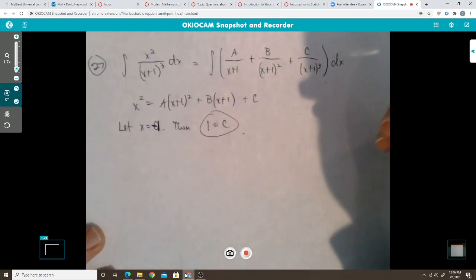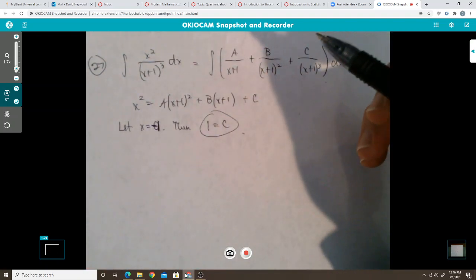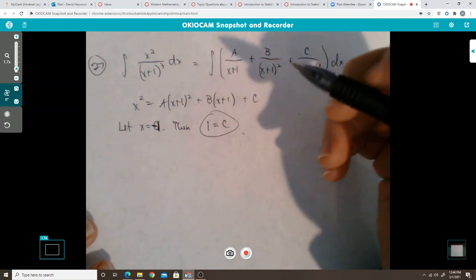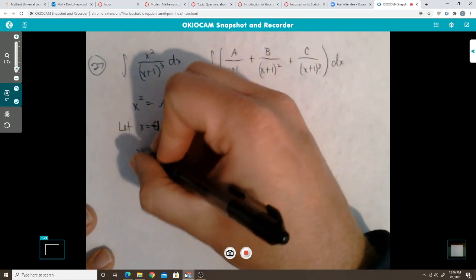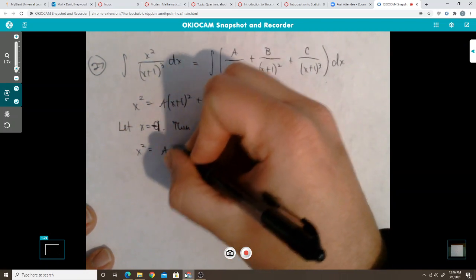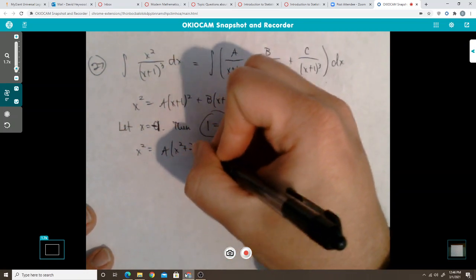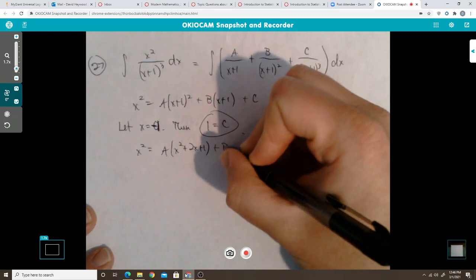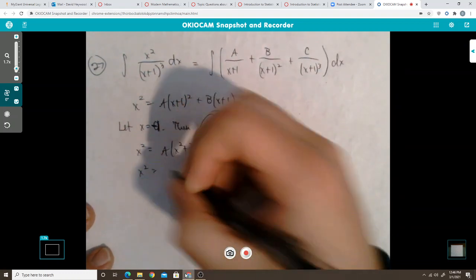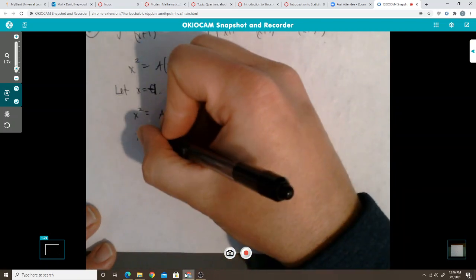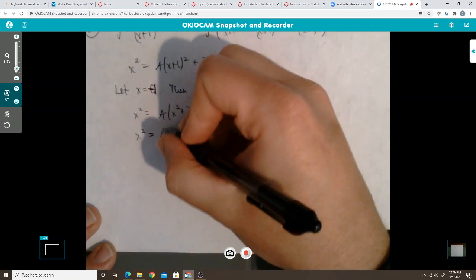Nothing really jumps out at me at the moment to be helpful here. So I'm just going to equate coefficients. I'm going to say x squared equals A times x squared plus 2x plus 1 plus Bx plus B plus C. So x squared is Ax squared.